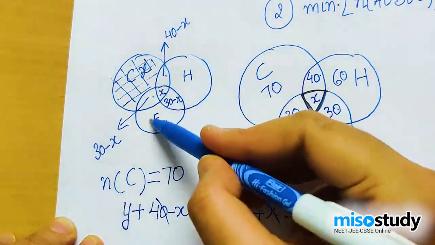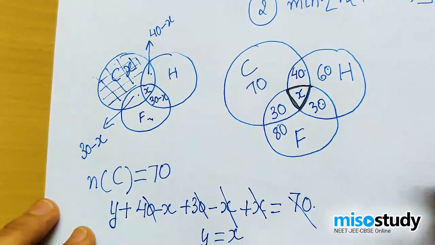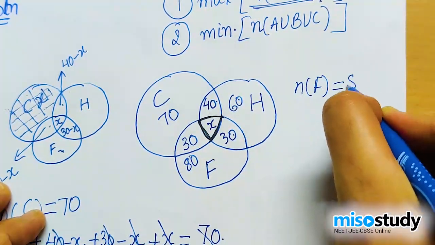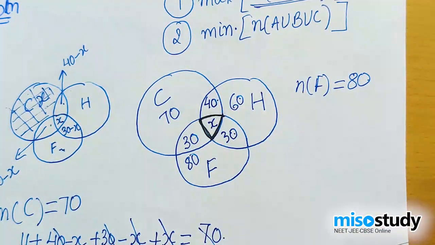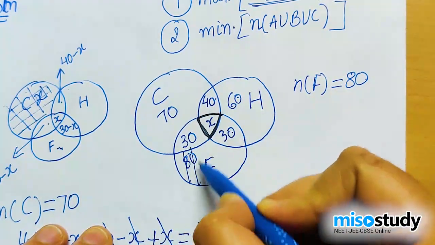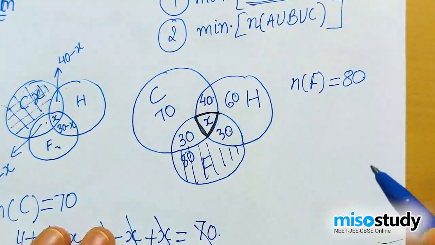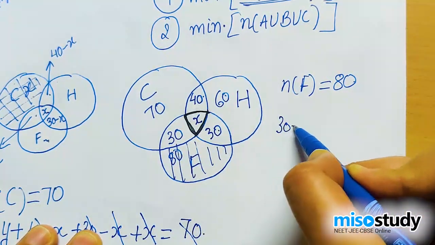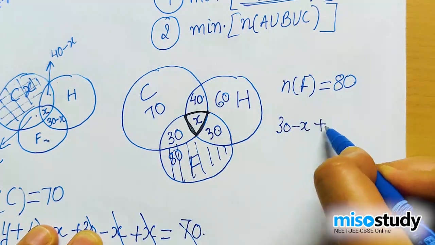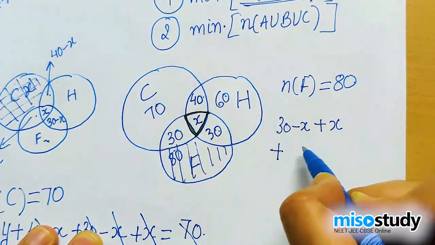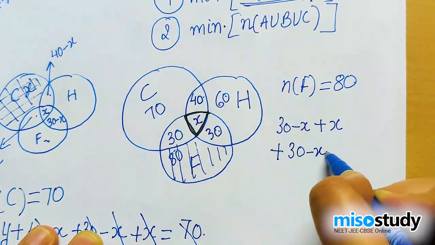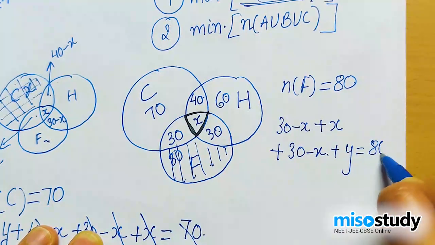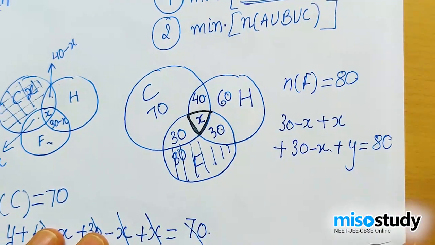This entire n(F) is 80, but we are looking for this portion individually, and this n(F) is composed of this 30 minus X plus X plus 30 minus X. Let's say again this is Y, equals 80.